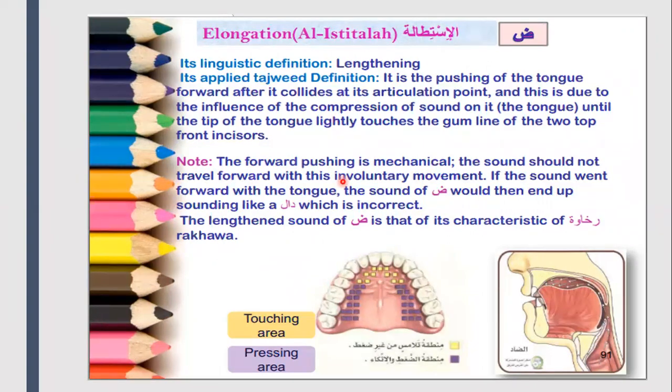But if we say the small dal, it'll be like da, di, du. The sound is not continuing, it's not lengthened, there's no elongation in dal. But when we say the dhad, there's elongation, there's a length to that sound, meaning it continues, we make it run.